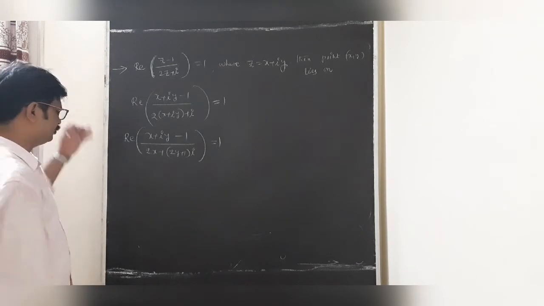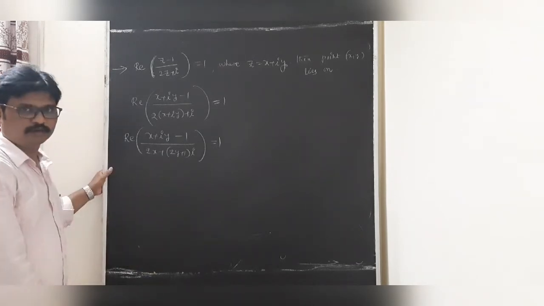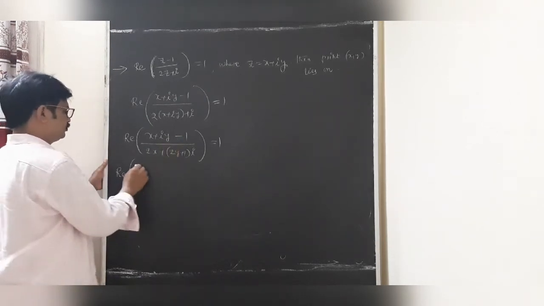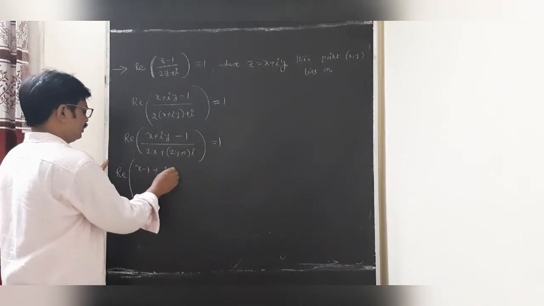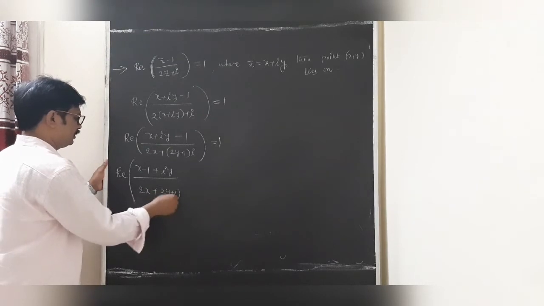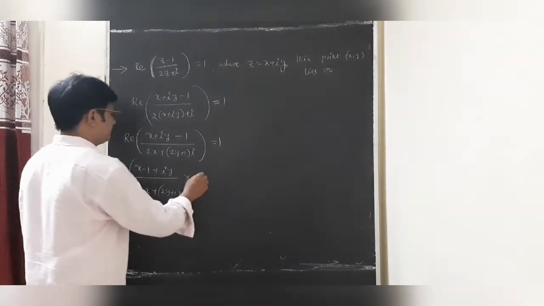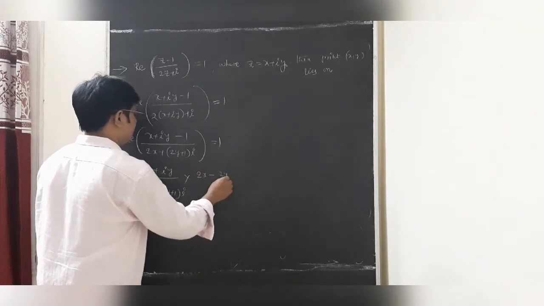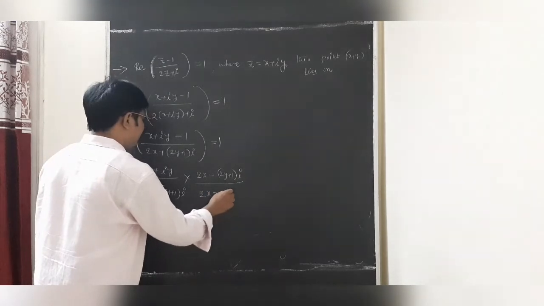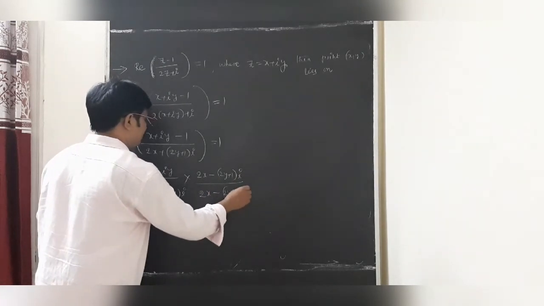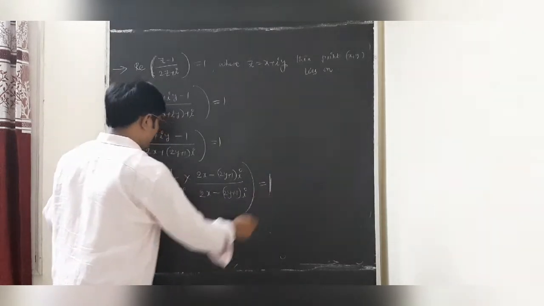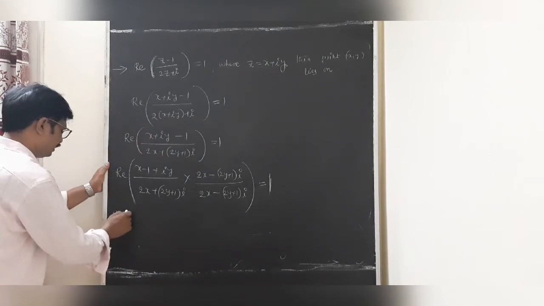Okay students, now when the denominator is a complex number, undoubtedly we take the rationalization. This is x minus 1 plus iy upon 2x plus 2y plus 1 into i, multiplied by 2x minus 2y plus 1 into i upon 2x minus 2y plus 1 into i. This is equal to 1. Dear students, how can we write this real part?